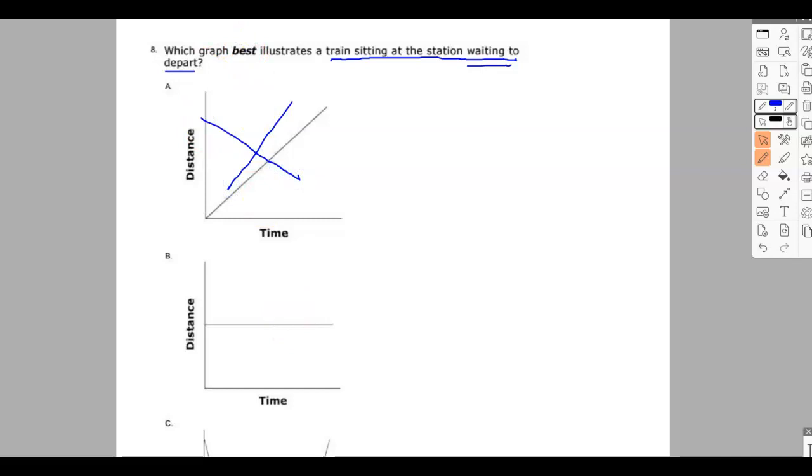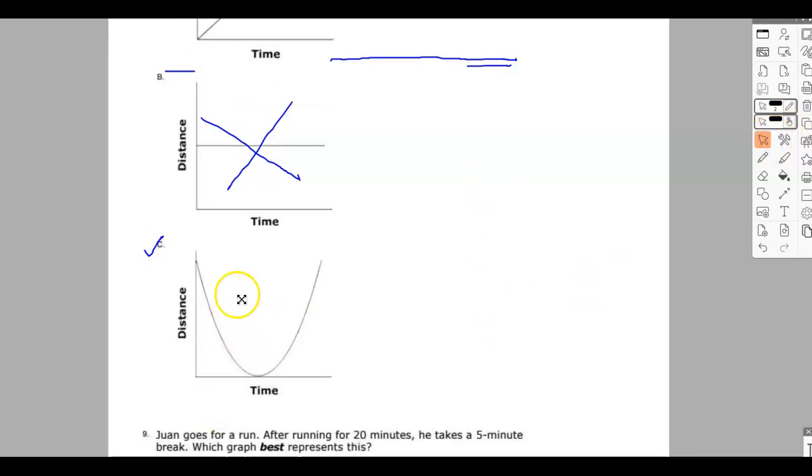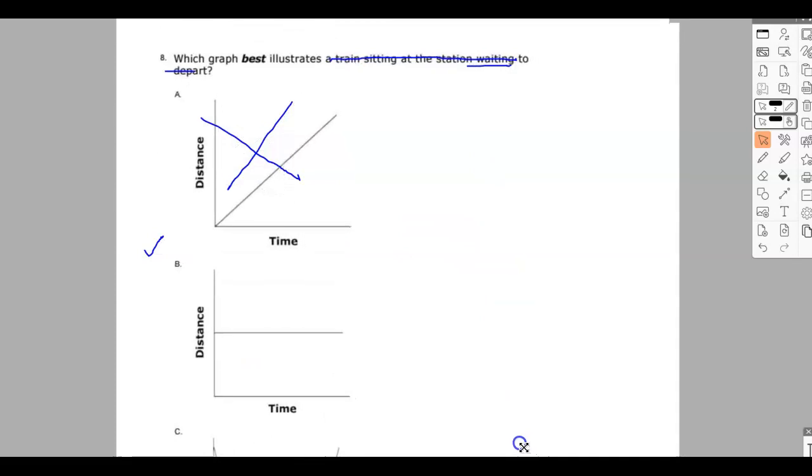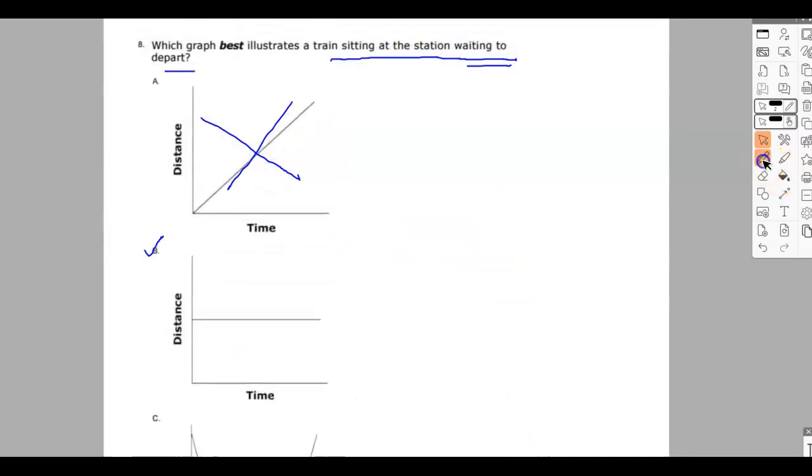This graph is at rest. It's going to have to be a really good answer if it's not this. Then I look down here at this, and I'm like, I have no idea what that is. So I'm going to stick with my original answer and go with B. Again, almost too easy, and sometimes you kind of second guess yourself. Don't. Some of them can be that easy.